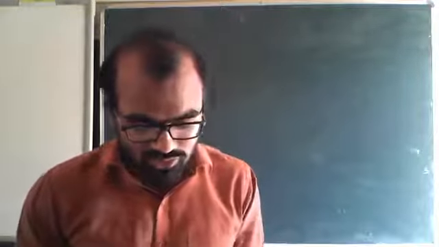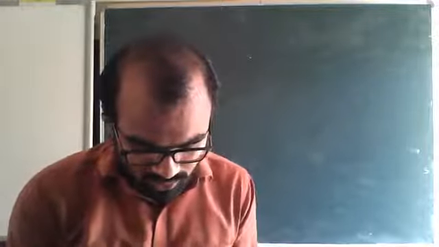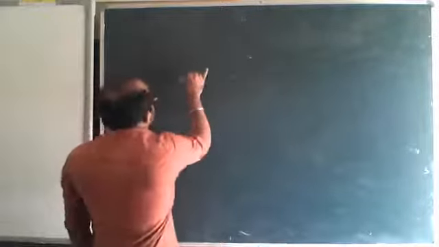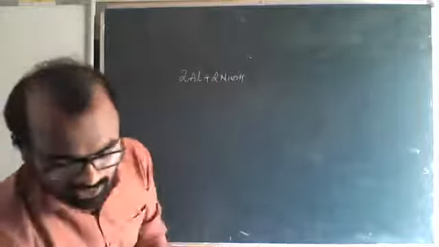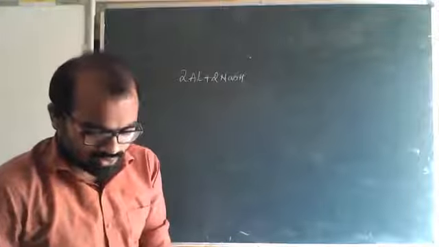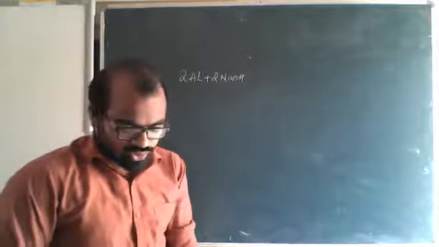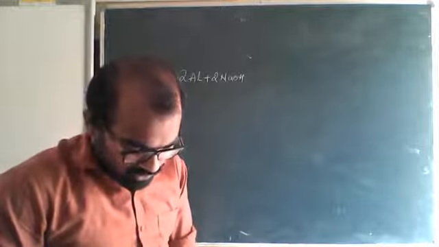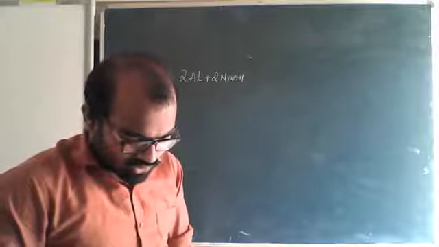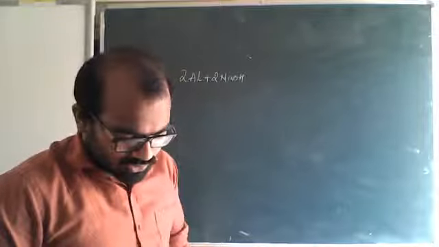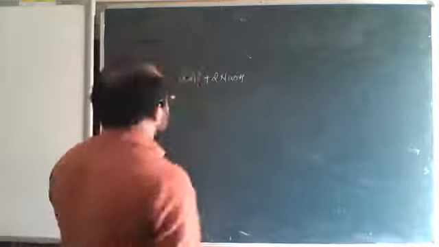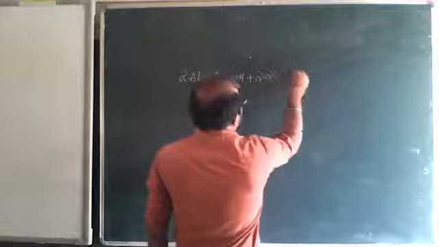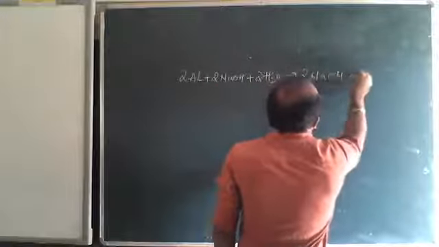Reactions of metals with alkali. I will write the equation from the book: 2Al plus 2NaOH, and then what is the reaction of metals with alkali? 2Al plus 2NaOH plus 2H2O will give you 2NaOH plus 3H2.